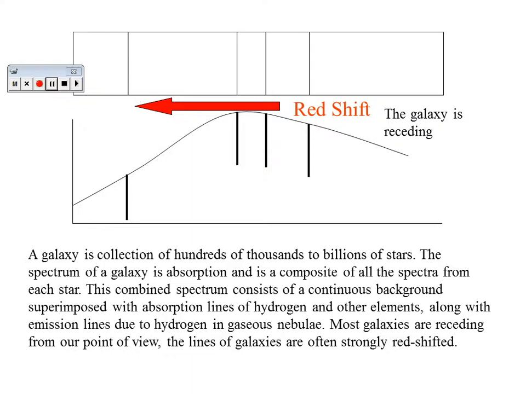Now, if we can't see a single star, we can't see the spectrum of a single star, so we see a collected spectrum of millions of stars. So when we see the spectrum of a galaxy, it looks like it's a spectrum of a single star, but in fact it's a combined spectrum of millions.